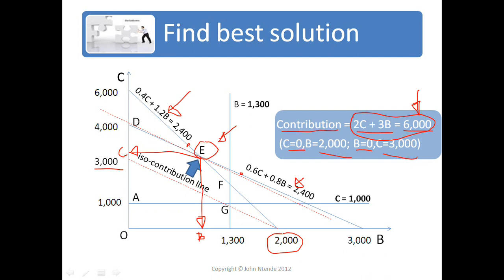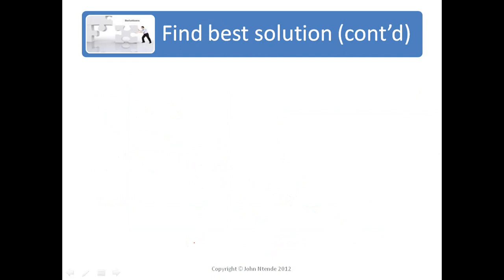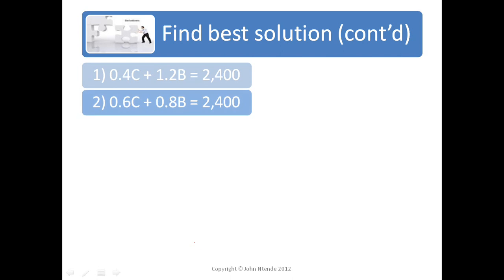So we are going to solve simultaneously these two equations to find the values of C and B. So how do we do the simple computation? Now the two equations are 0.4C plus 1.2B is 2,400, and 0.6C plus 0.8B is equal to 2,400.